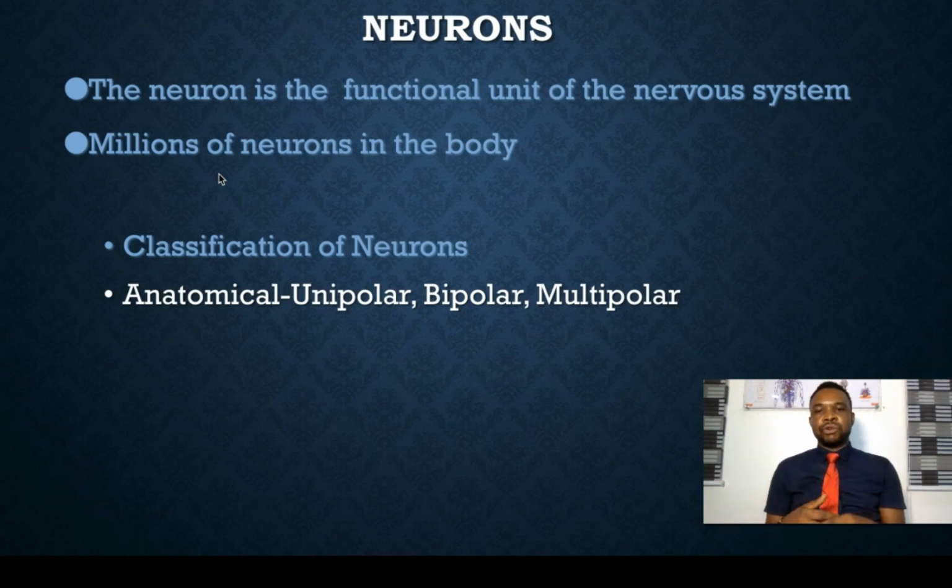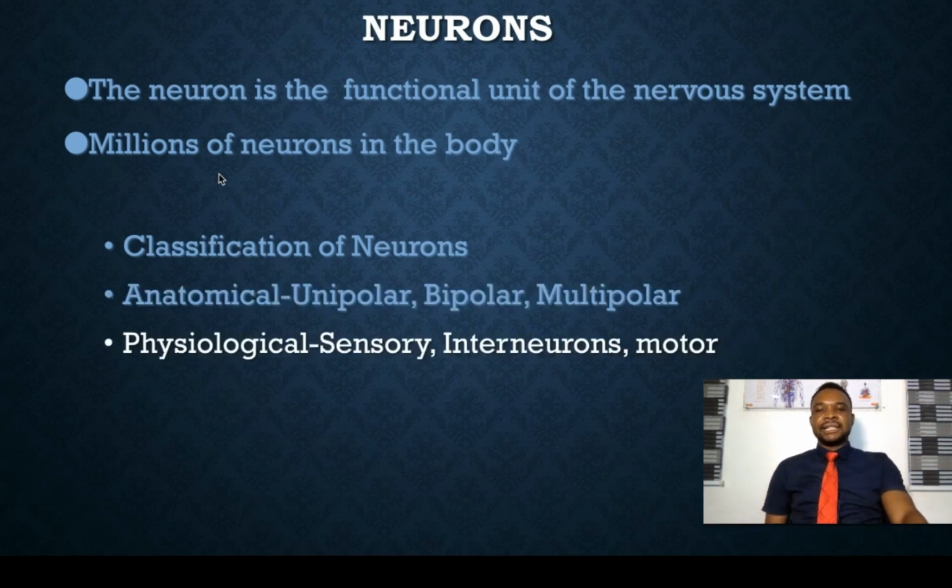I will explain what I mean by that as we continue in the tutorial. Neurons can also be classified physiologically based on their function. So neurons can be classified based on their structure, which is anatomically, and based on their function, which is physiologically.